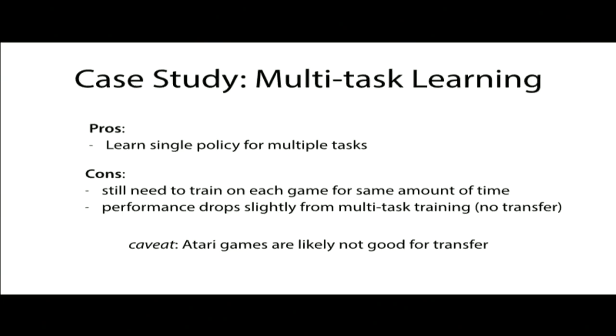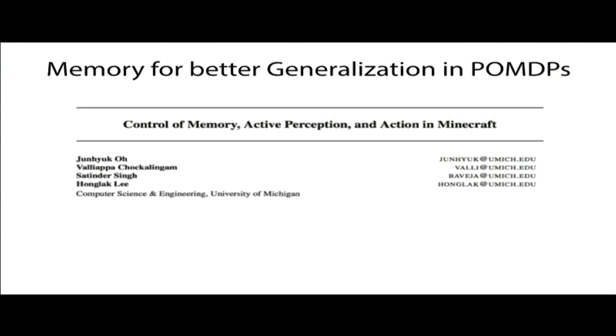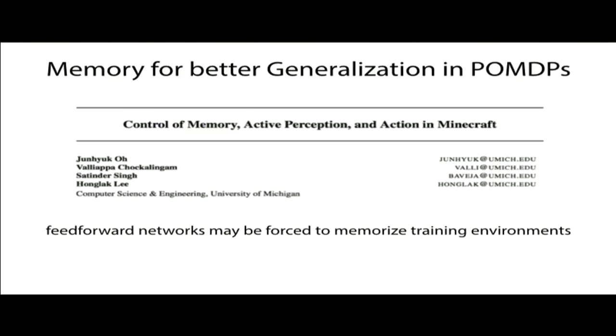I'm going to touch on one last point on this topic, which is memory. This is a paper from ICML last year, and what they found is that if you're using a feed-forward network to train across many different tasks, it might be forced to memorize different training environments.